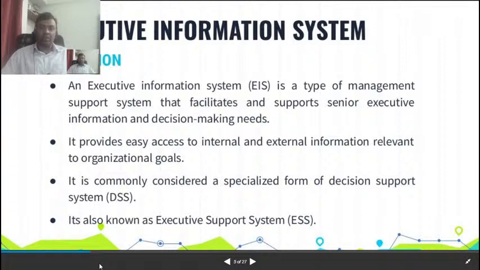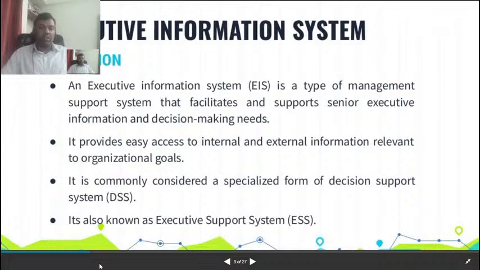EIS, DSS, MIS are things we have studied traditionally, for a long time, but now AI may change your entire system. That is why it is called disruptive technology. How is it going to change your entire system?